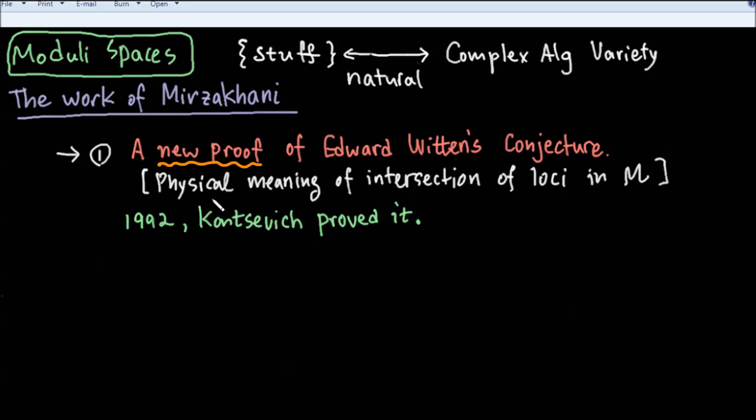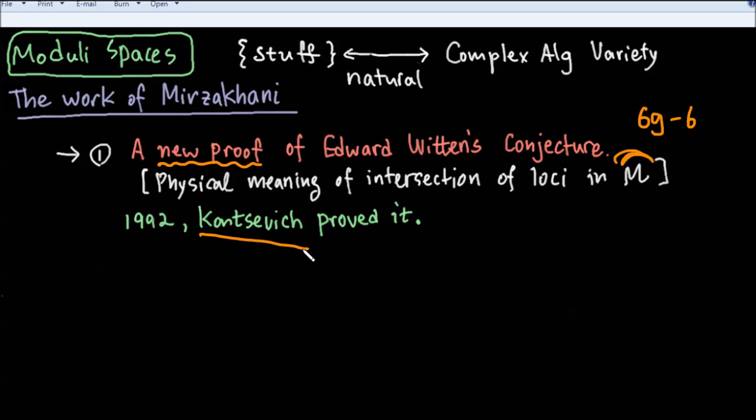This was about the physical meaning of intersections of certain loci within that moduli space we talked about. So this is no longer a hyperbolic surface. We're just looking at some loci in a big space with dimension 6g minus 6. Edward Witten is also a Fields Medalist, and he proved that conjecture for the first time.